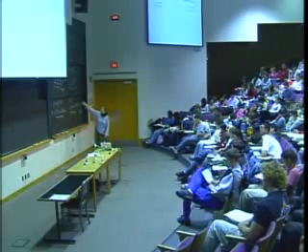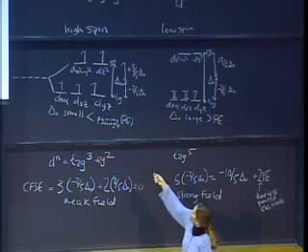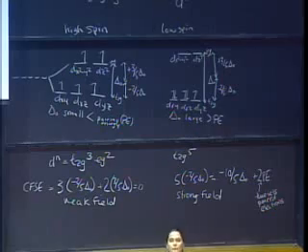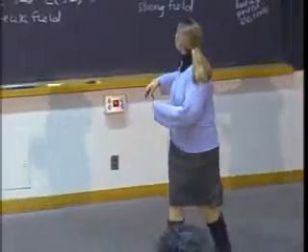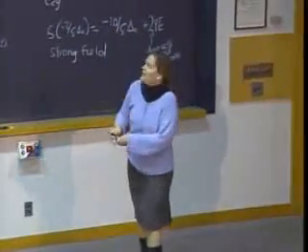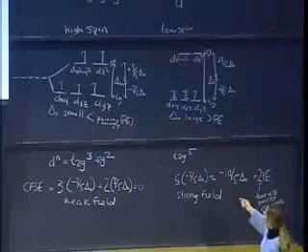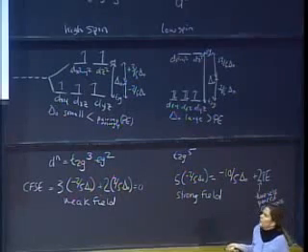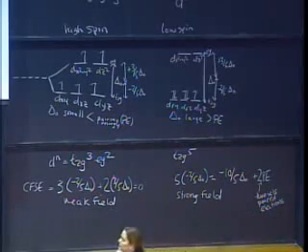So when it's a weak field ligand, you're going to have the small splitting as shown here, and therefore you'll have a high spin system where you have the maximum number of unpaired electrons. If you have a strong field, you have a large splitting, and then you're going to have a low spin system where you have the minimum number of unpaired electrons.